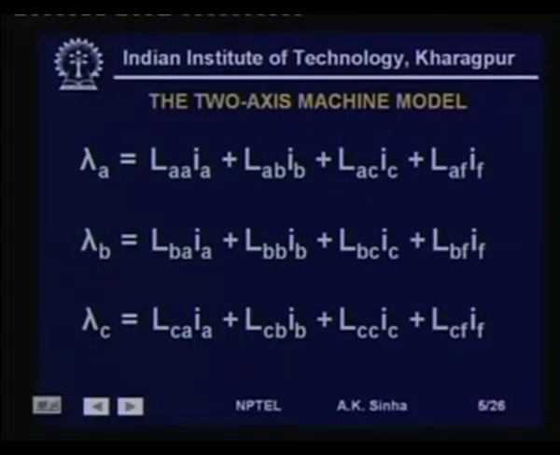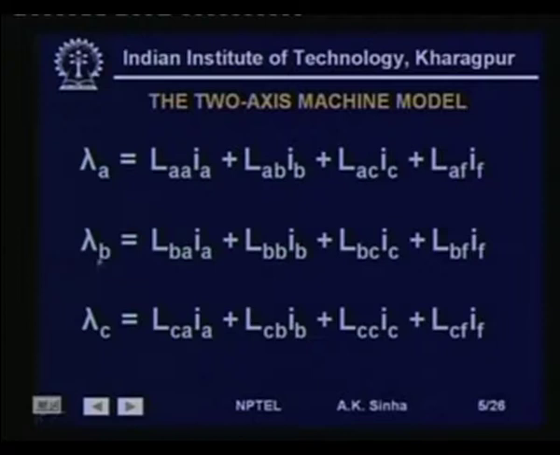If we see this machine, we have the flux linkage in phase A given by L_AA I_A plus L_AB I_B plus L_AC I_C plus L_AF I_F, where L_AA is the self inductance of coil A, L_AB is the mutual inductance between coils A and B on the stator, L_AC is the mutual inductance between coils A and C on the stator, and L_AF is the mutual inductance between coil A and the rotor.